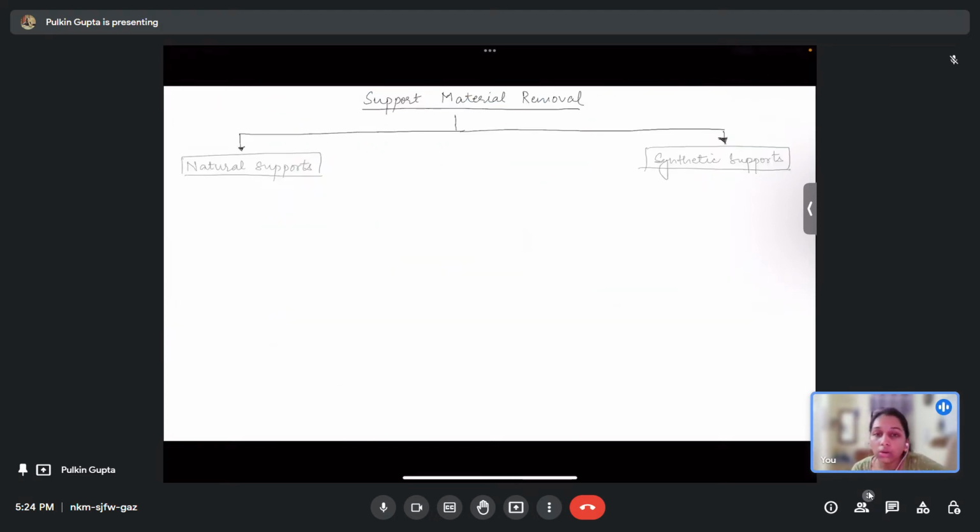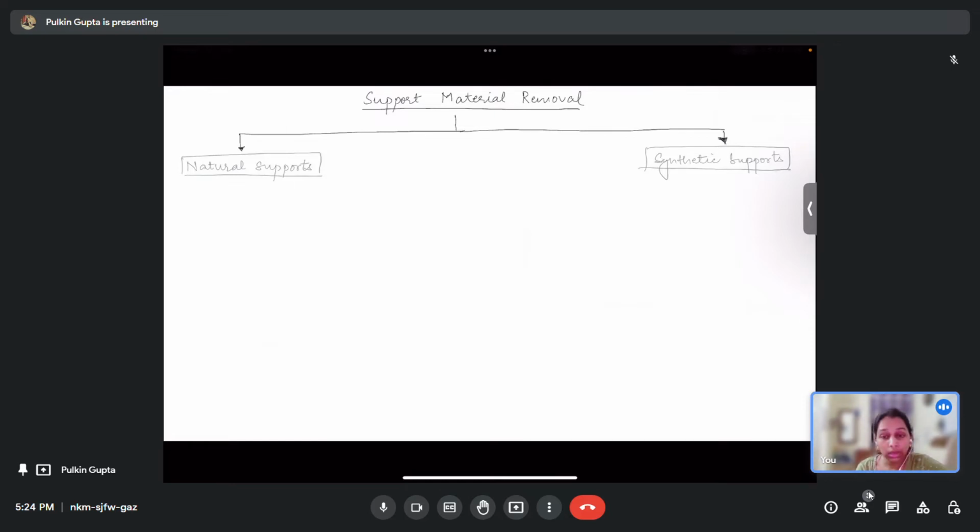So now every material or every component having any kind of overhangs requires support. Now there are two kinds of supports. One is the natural support and the other is the synthetic support. So what are natural supports?